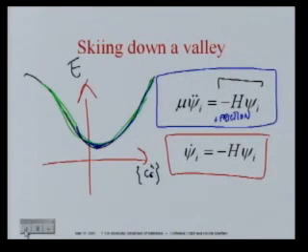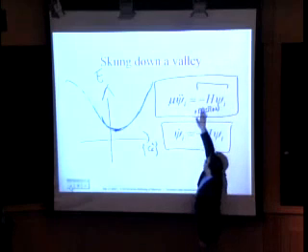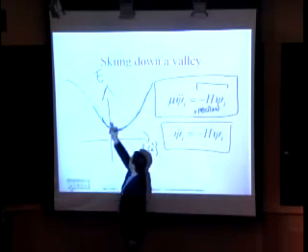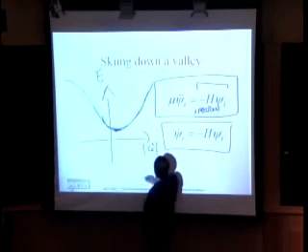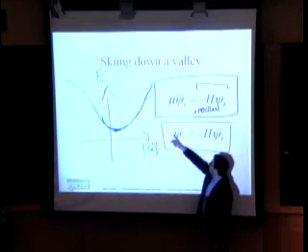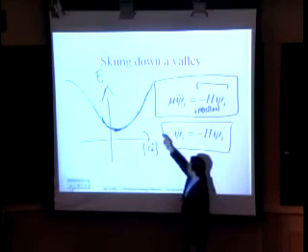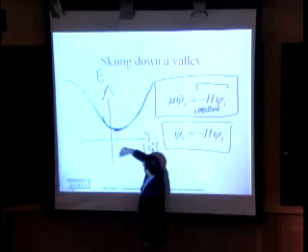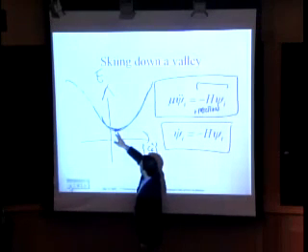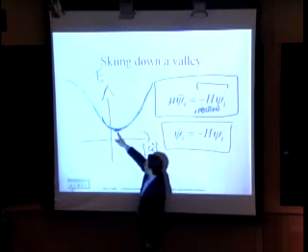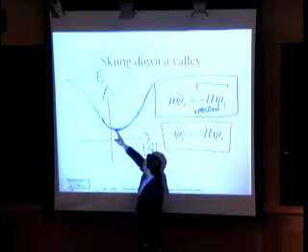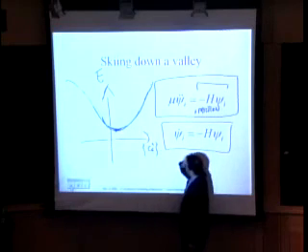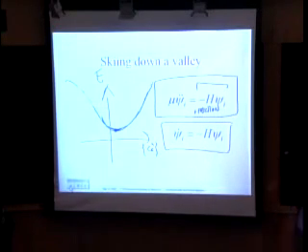So if instead of accelerating your system proportionally to the force and putting a friction, that is something that will oscillate and damp down to the minimum, you move with a velocity that is proportional to your force, is something that again will move you towards the ground state. Once you are here, your driving force is going to be 0, so your velocity is going to be 0. So it's a different approach that also brings you to the 0.